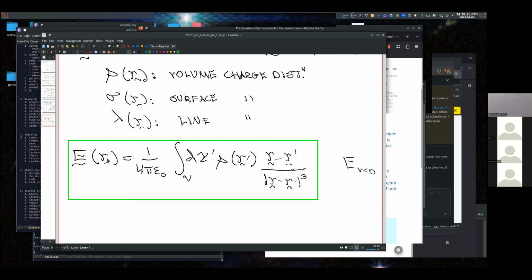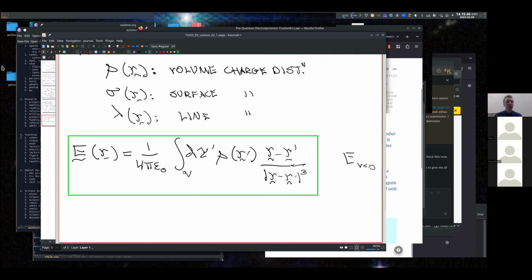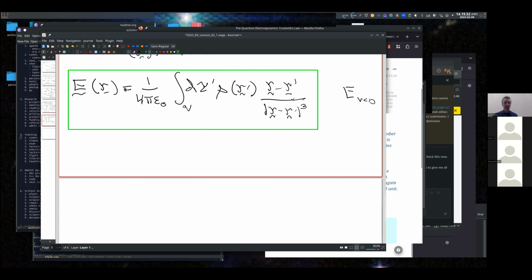But your field comes from a chunk of material that is charged over there. And the R prime position is over there. Right? So it's kind of a standard habit. If I use prime coordinates, usually it's referring to the source things. Okay, but you have to be able to see it from the context as well. So that's the volume, and we also have the surface and line equivalents that we can write quickly.